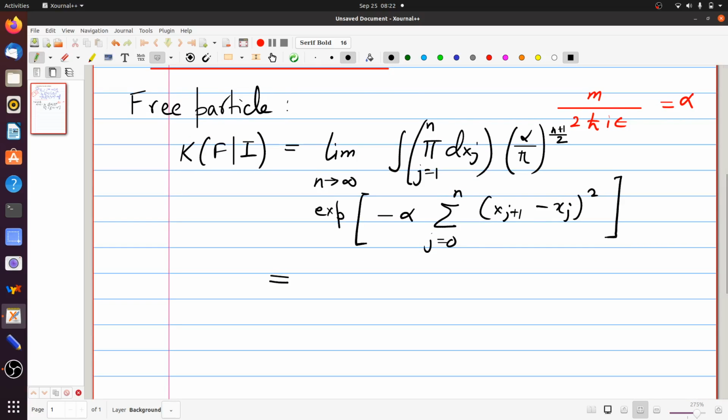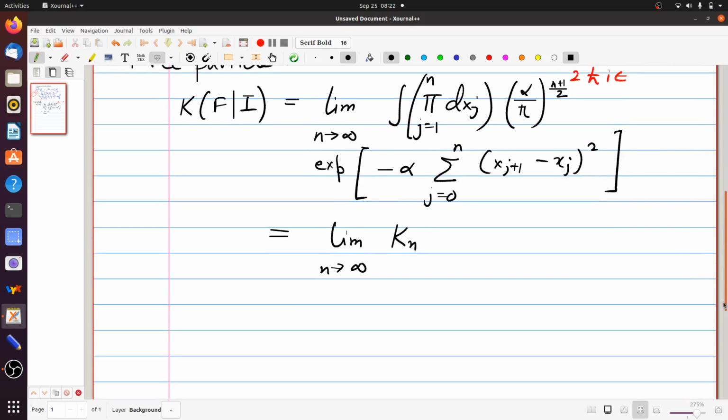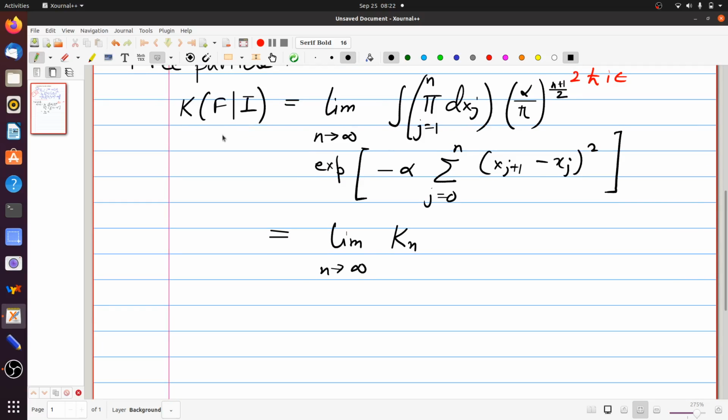So this, of course, is of the form limit as n goes to infinity of, let's call this K_n. So K_n is the nth approximation to the actual propagator, which is what you get when you do a finite number n of these integrals. So K_n, of course, is nothing but whatever you have here without the limit as n goes to infinity.